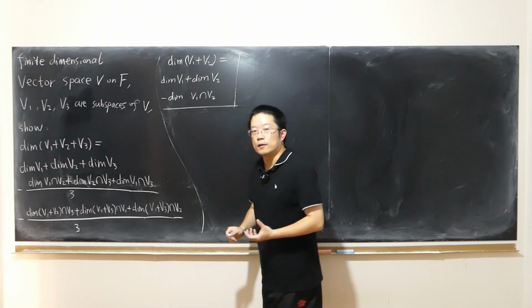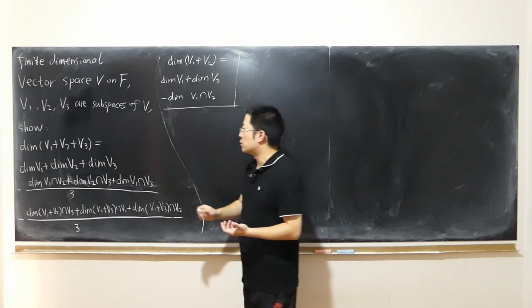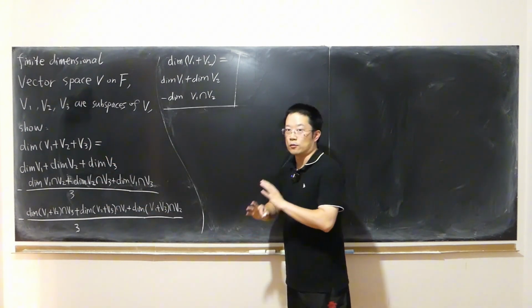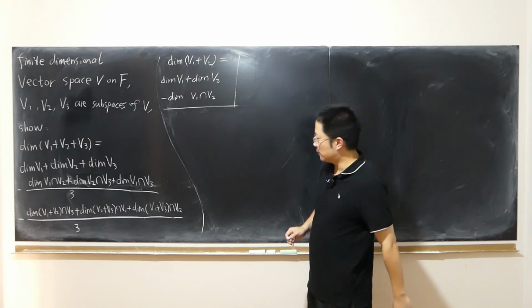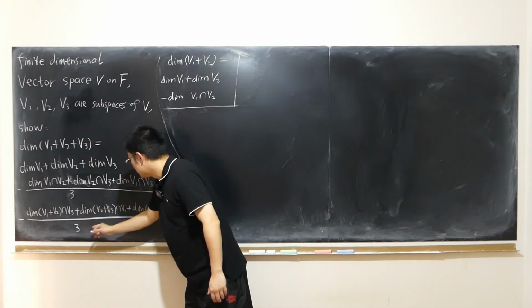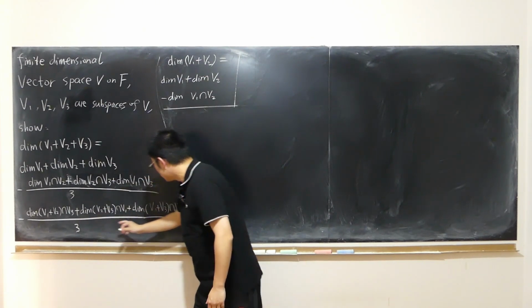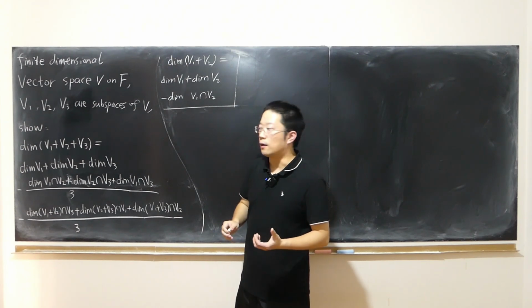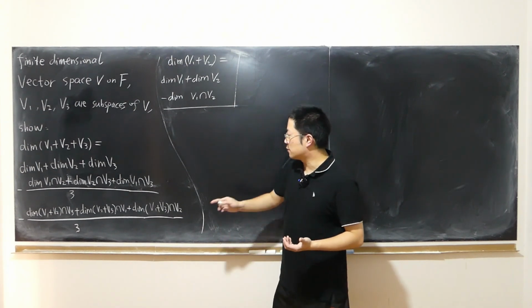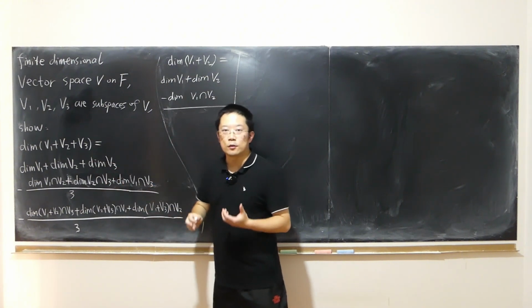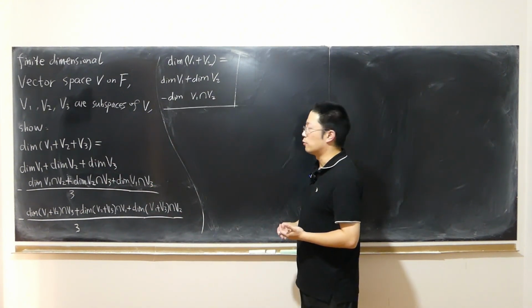So that motivates us to write the dimension of their sum in 3 different ways. Hopefully, in the end, everything will just cancel out and all become integers. The fact that you see V1 plus V2, V2 plus V3, V1 plus V3 reminds us that the sum of the subspaces is not only associative but also commutative, which can be easily shown.